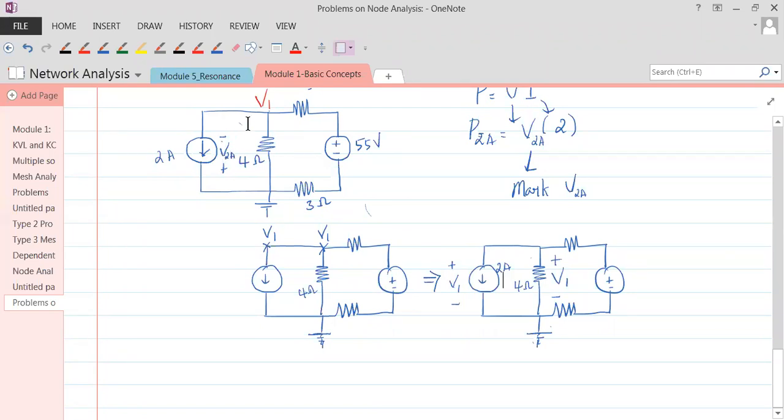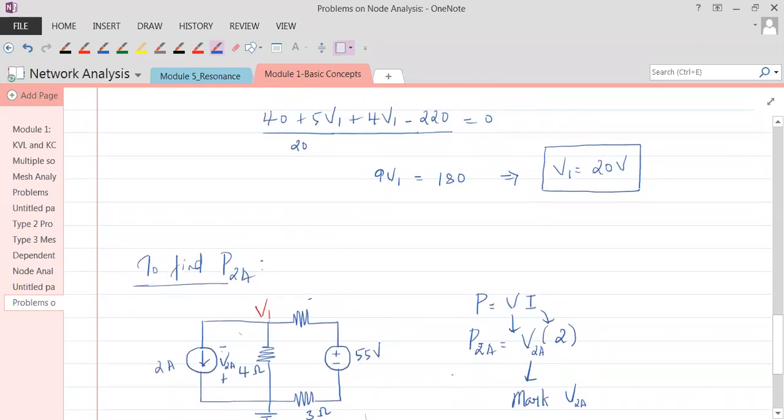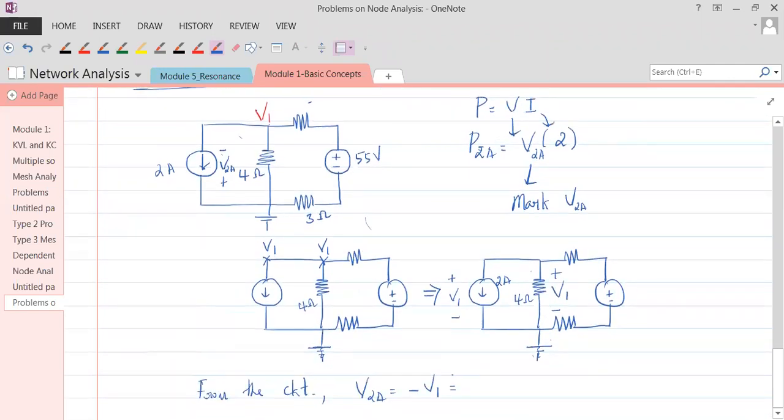It would be minus V1. So it clearly says from the circuit diagram that V2 amps is actually minus V1, and that minus V1 is minus 20. Is that okay with you, everybody?